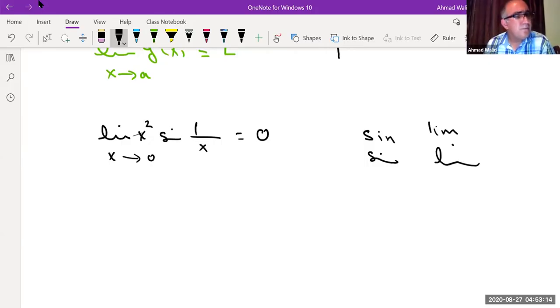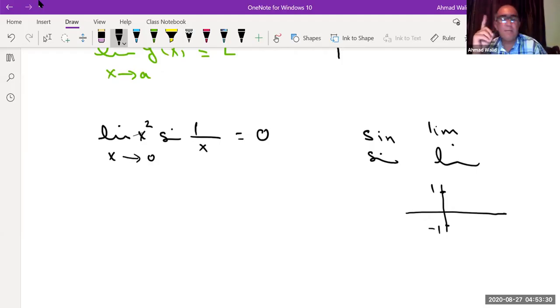What you do, we know the graph of the sine, right? The graph of the sine, the highest point is 1, the lowest point is negative 1. I'm hoping that your trigonometry professor explained it well to you, that all the values of the sine of numbers or angles start from negative 1 to 1. You don't have the sine of an angle equal to 2 point something. It's always between negative 1 and 1, right?